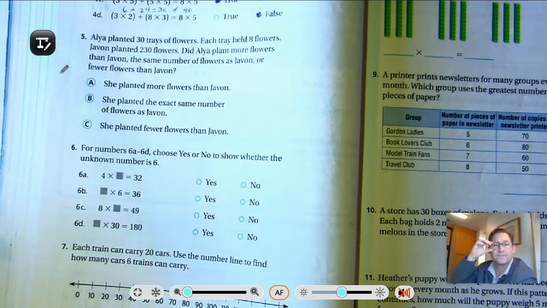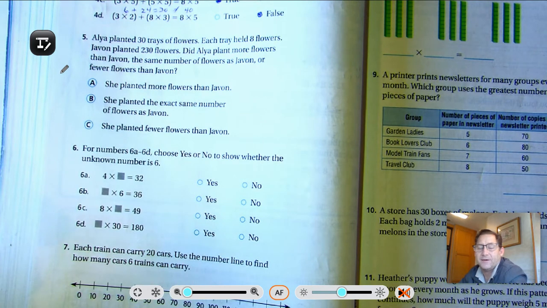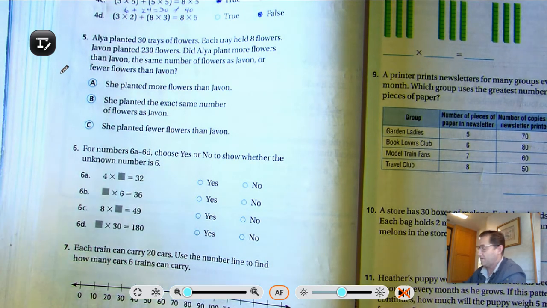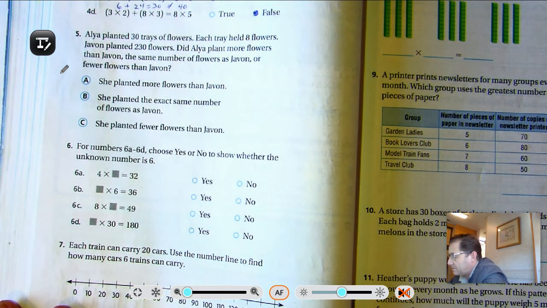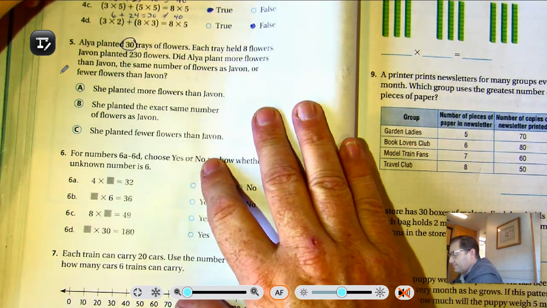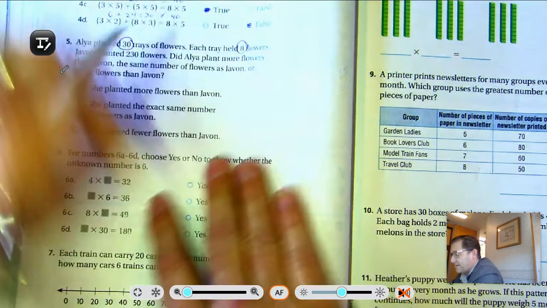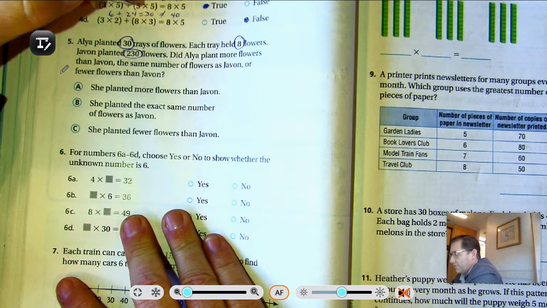Number 5. Alia planted 30 trays of flowers. Each tray held 8 flowers. Javon planted 230 flowers. Did Alia plant more flowers than Javon, the same number of flowers, or fewer flowers? Okay, so she planted 30 trays of flowers, 8 flowers in each tray, and Javon planted 230.